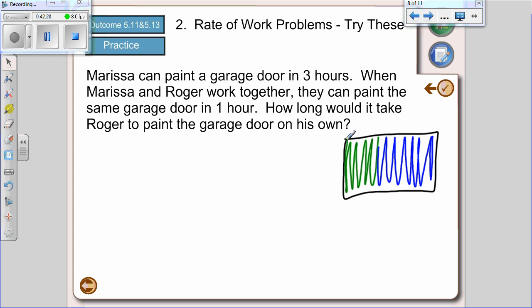How fast do they do it together? 1. How long does it take Marissa to do the garage? 3. How long does it take him? x. You're going to get a common denominator of 3x. So this will become x plus 3 equals 3x.